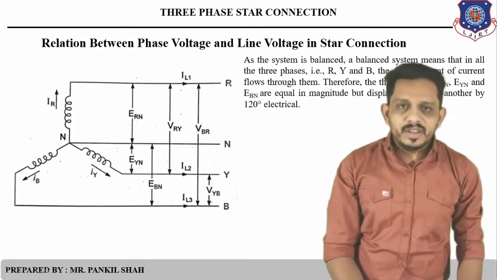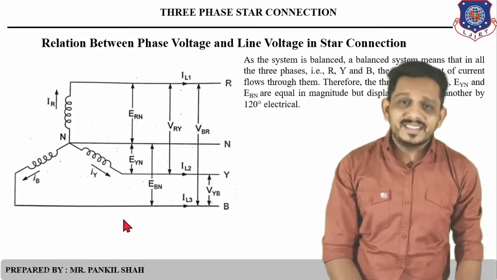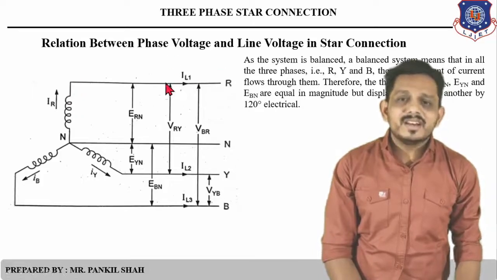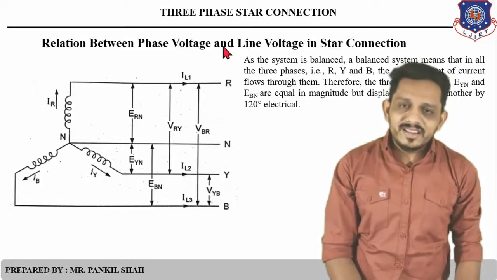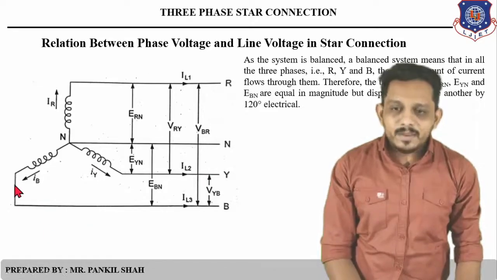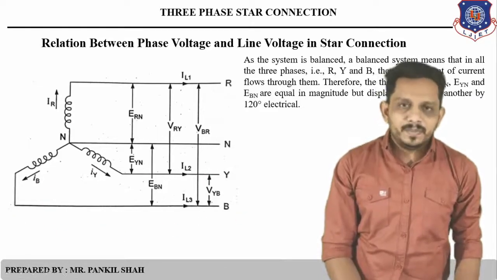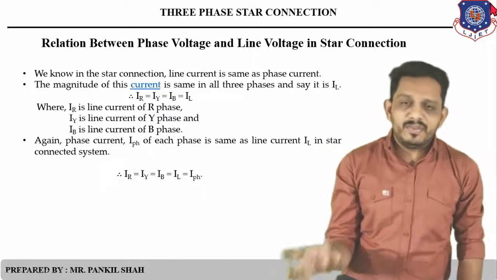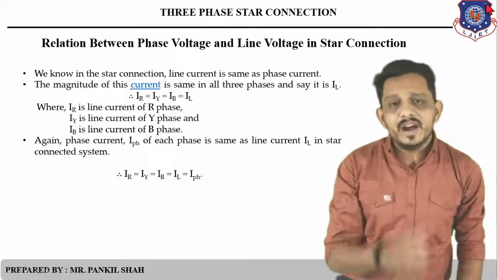From this figure, you can see that the current flowing through each phase is the same as the current flowing through each line. So IR is equal to IL1, IY is equal to IL2 and IB is equal to IL3. So basically we can say that there is no relationship between phase current and line current, they are equal in amount.